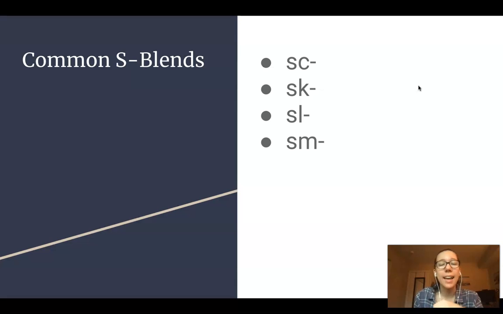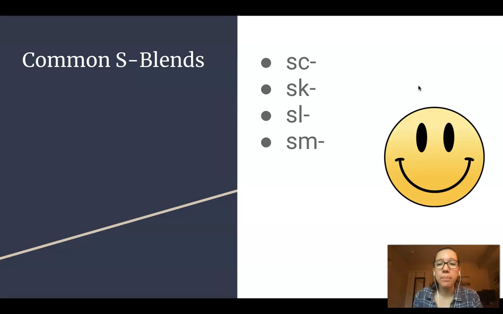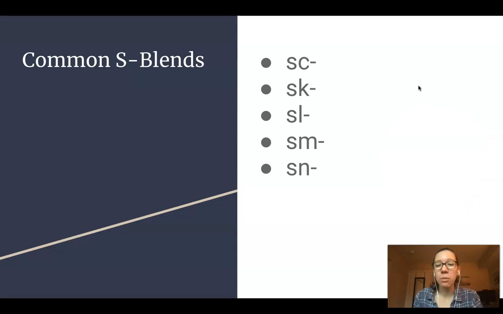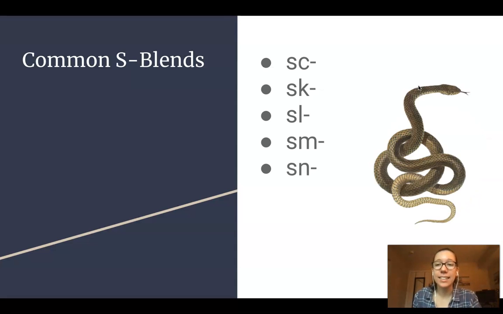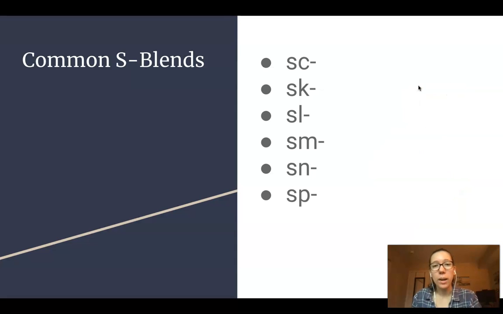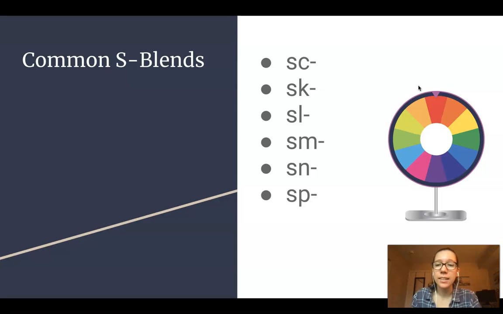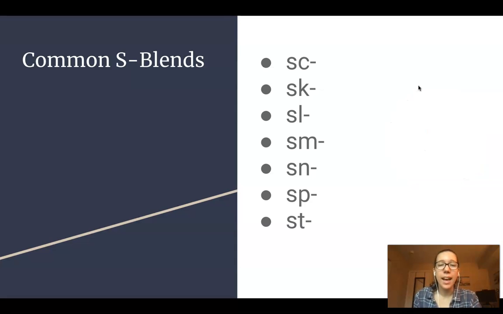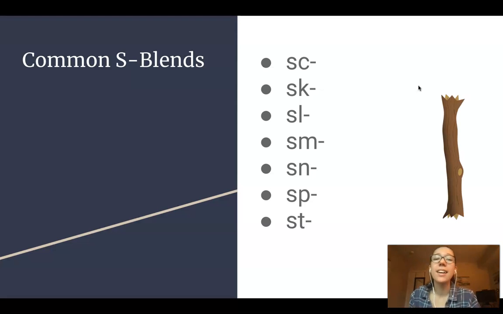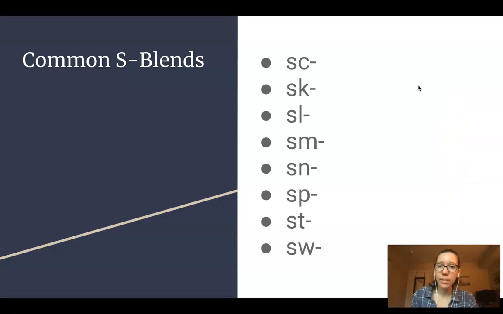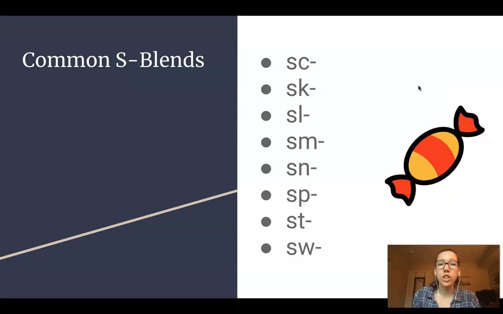We also have SM, which says sm, as in smile. We have SN, which says sn, as in snake. We have SP, which says sp, as in spin. ST, which says st, as in stick. We hear both of those sounds at the beginning of the word, stick. And SW, which says sw, as in sweet.